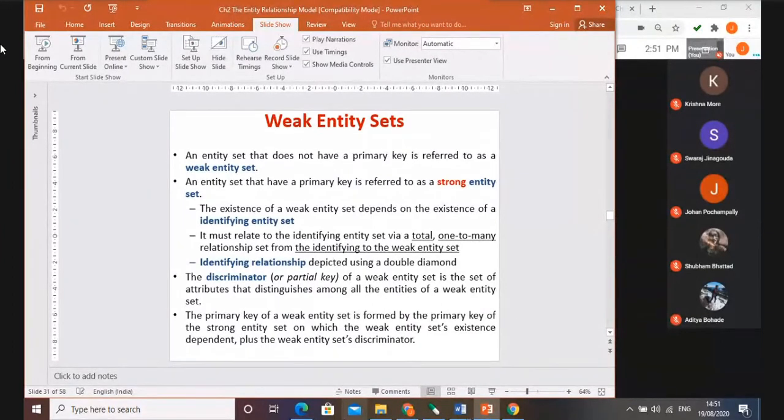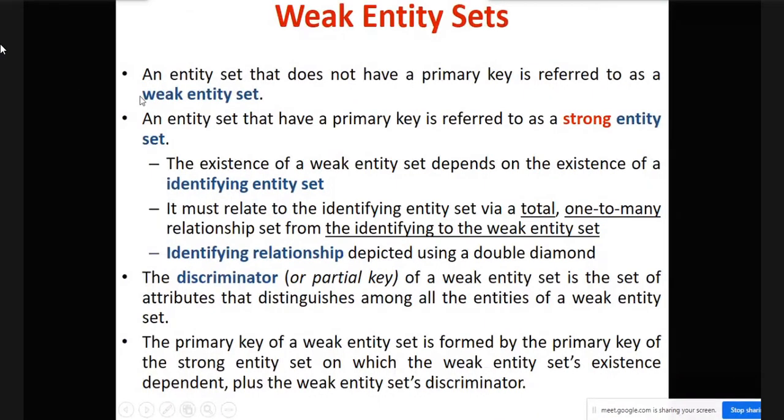On the other side, the entity set which cannot have a primary key, or for which the primary key does not exist, is known as a weak entity set. So here you can see the definition is given. An entity set that does not have a primary key is referred to as a weak entity set.